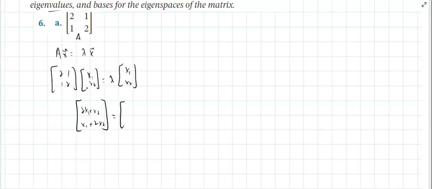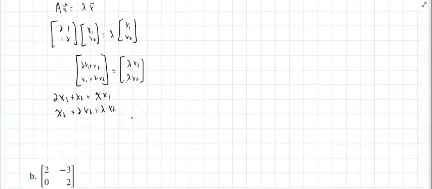And that equals lambda x1 and lambda x2. And that would mean that 2x1 plus x2 equals lambda x1, and x1 plus 2x2 equals lambda x2.